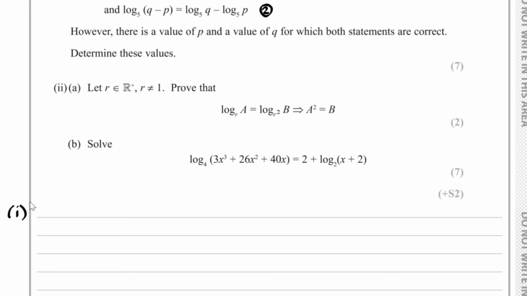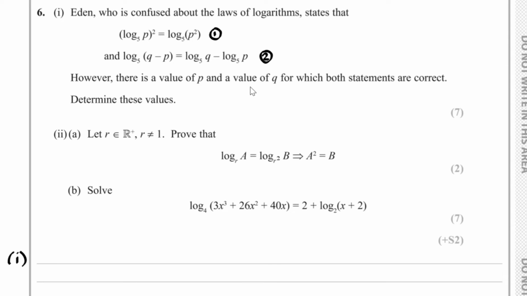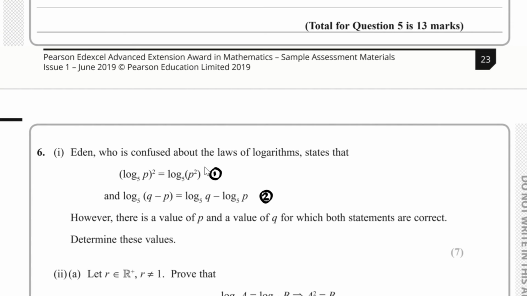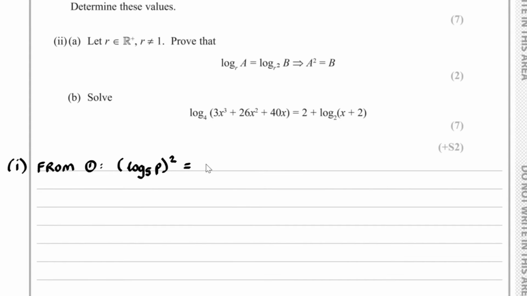The first thing is to recognize we need to solve these simultaneously to find the values of p and q. So if I take a look at equation 1, then I've got log base 5 of p squared equals, now here I'm going to use the power law of logs, so that I've got 2 multiplied by log base 5 of p.